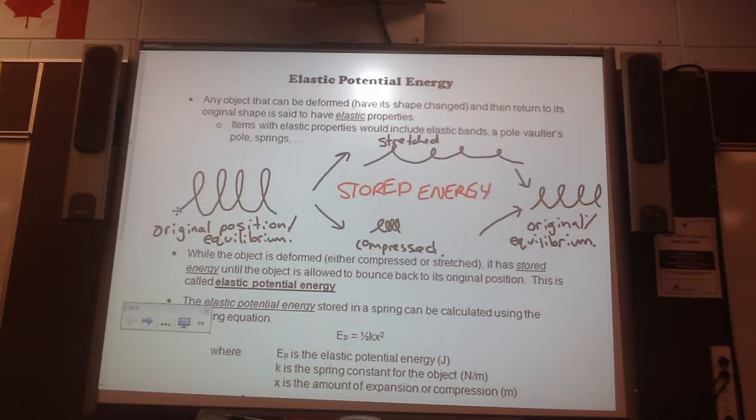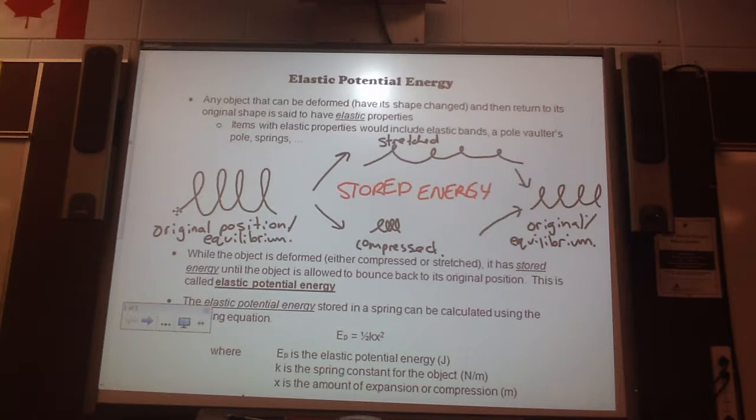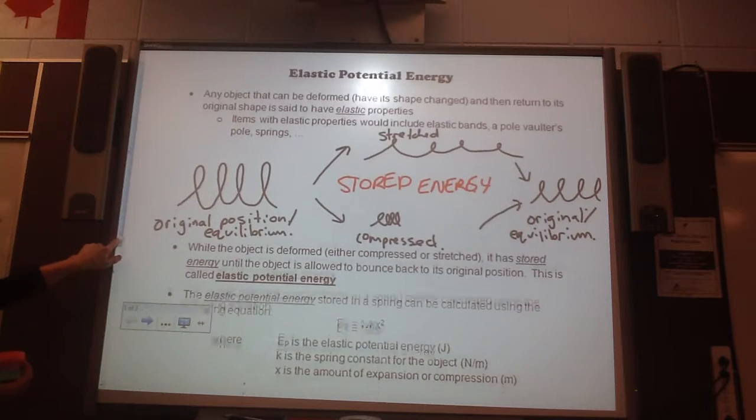So while the object is deformed, whether either being compressed or stretched, it has stored energy until the object is allowed to bounce back to its original position. This is called specifically elastic potential energy. So we've done a lot of gravitational and potential energy, so this is elastic potential energy. So we can actually calculate it.